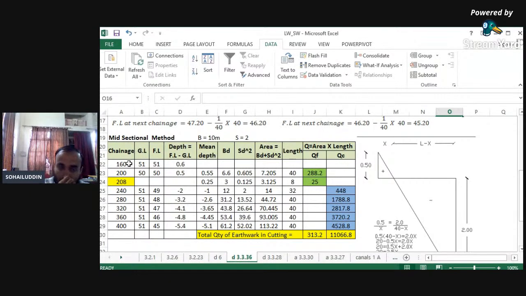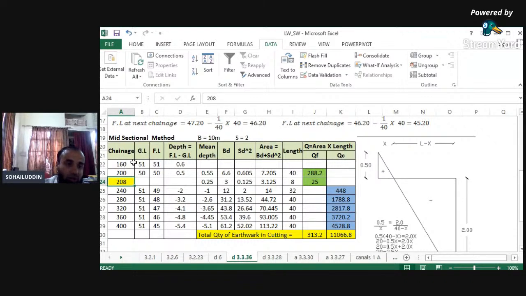These chainages are again given in the question. There is 160, 200. So this is nothing but the change difference from positive to negative. As I've already said, while drawing the table, we have to leave one space so that the change in changes can be written.